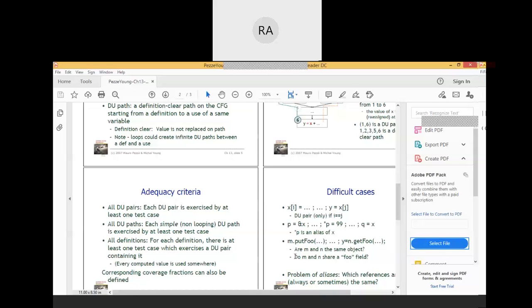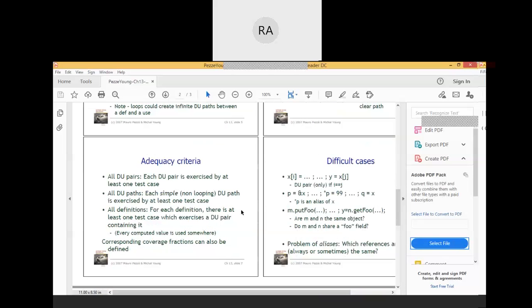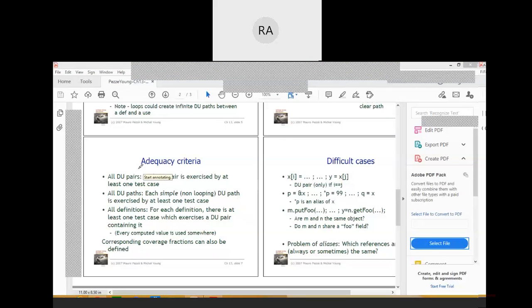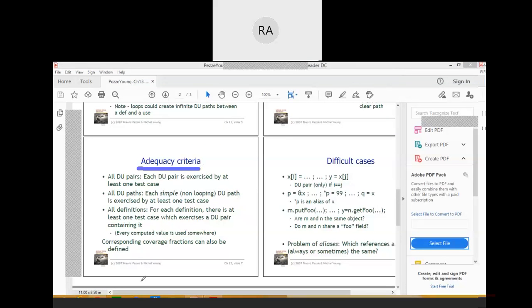Whenever you deal with structural things, you have one important terminology, that is adequacy criteria, with respect to testing. What do you mean by adequacy criteria whenever I'm dealing with data flow testing?